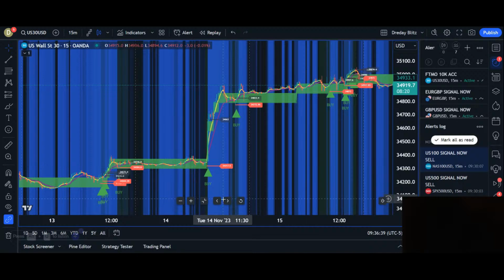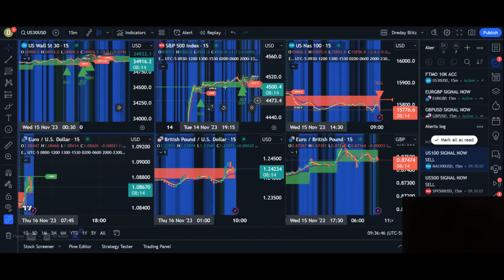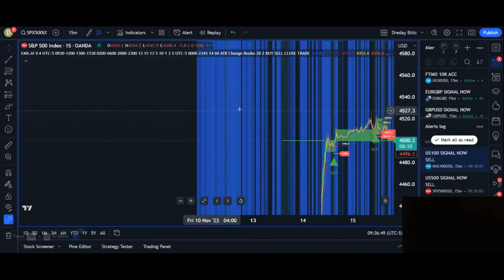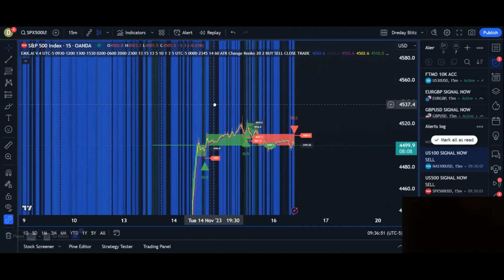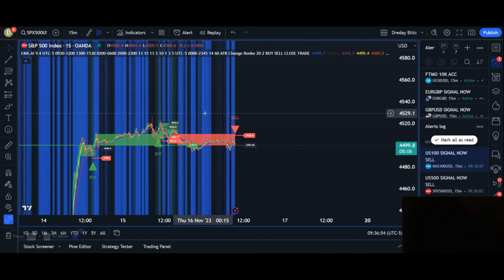For now, we didn't have any signal, but I'm expecting the price to reverse because right now S&P 500 is looking bearish.